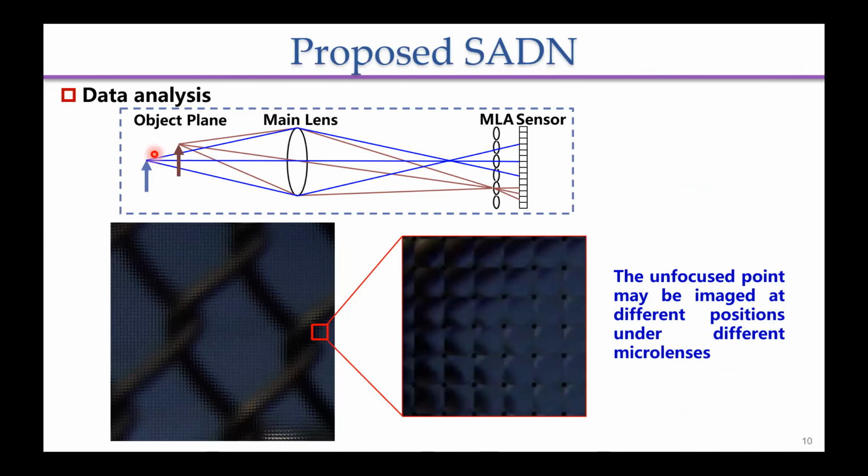Also, if objects are distributed throughout the scene, some object points may not be at the focal plane of the main lens, so their rays may go to several pixels under different micro lenses. That means different micro lenses may have information from the same object point. So the angular feature and the spatial feature should interact to fully exploit the correlation in the data.